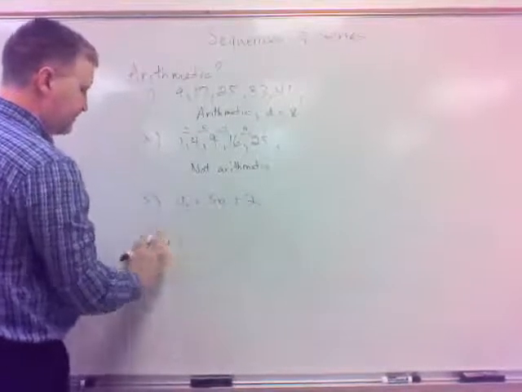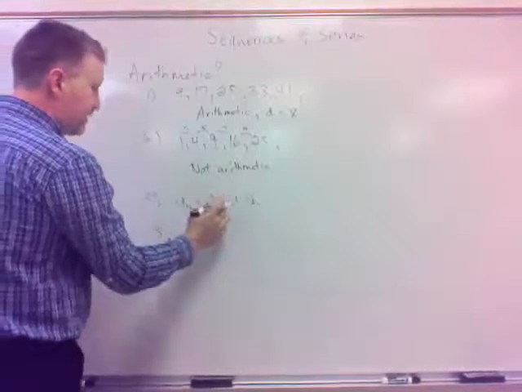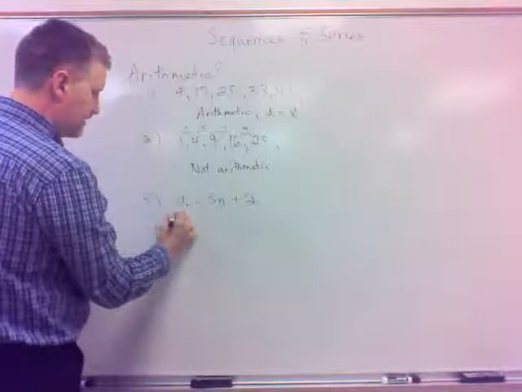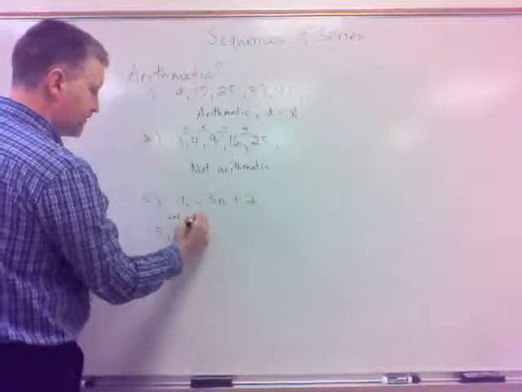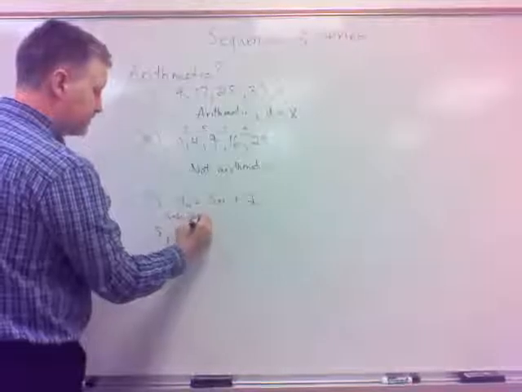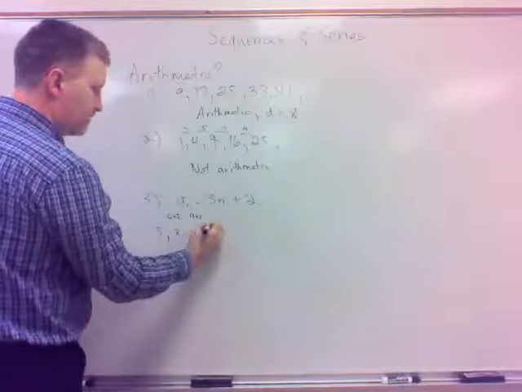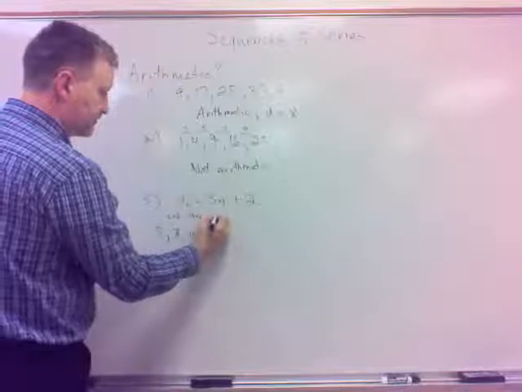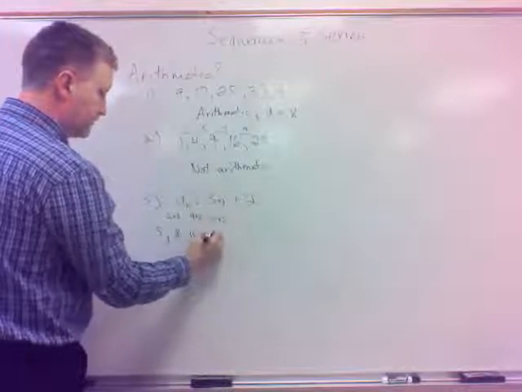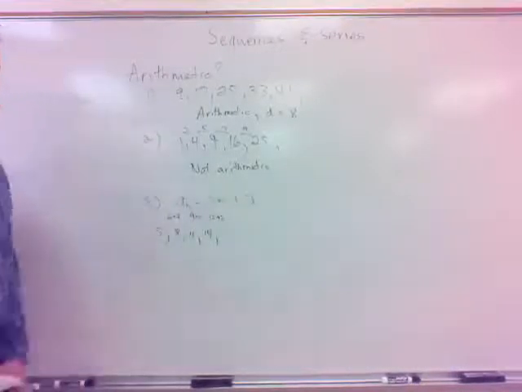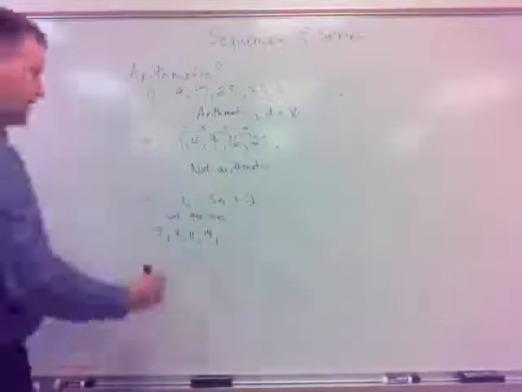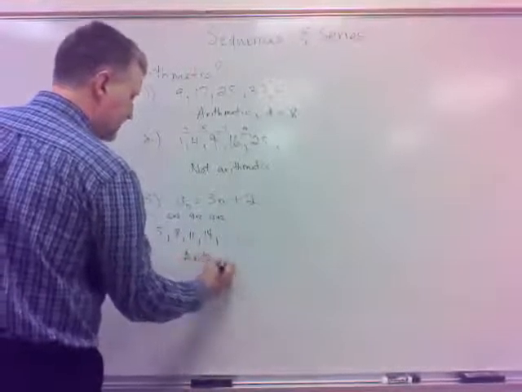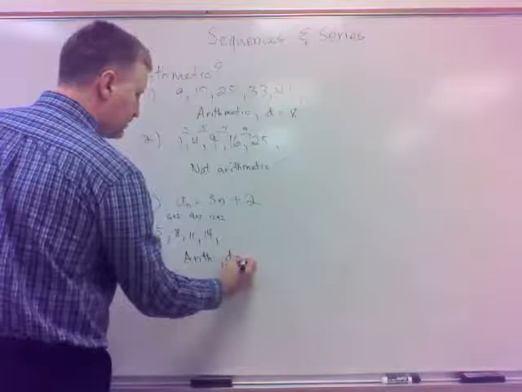Plug in A to be 1, N to be 1. What about the second term? Second term, 6 plus 2 would be 8. Third term, 9 plus 2, that's 11. Fourth term, 12 plus 2, 14. Is that okay? So just those terms alone, what do you think? Yes, it is arithmetic, because they are equally spaced, with D equal 3.